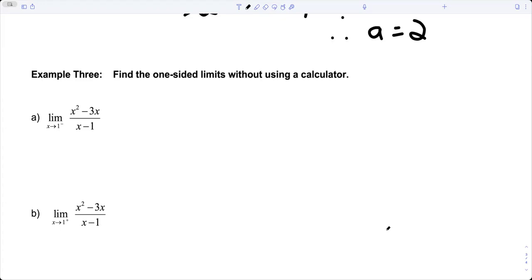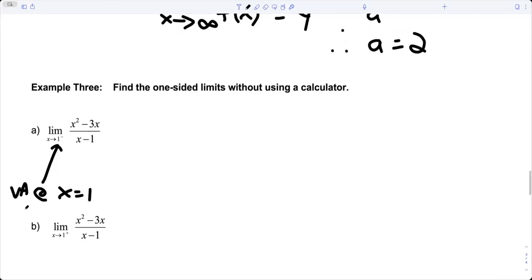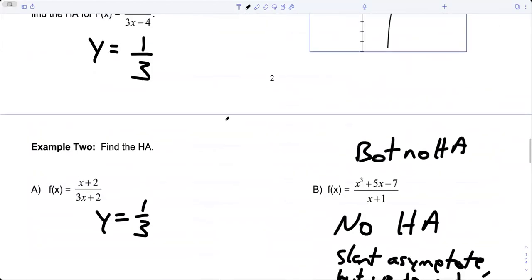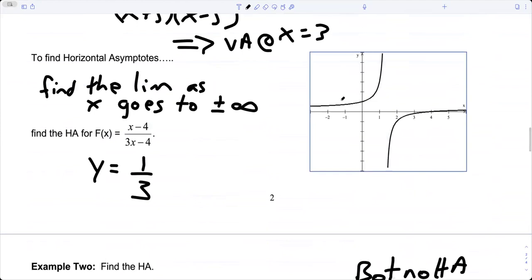First thing I want to make a note of: if we are going to 1, what is there at 1? There is a vertical asymptote at 1. Correct? Let me make a note of that: vertical asymptote at x equals 1. Let's go back and look at this function right here.